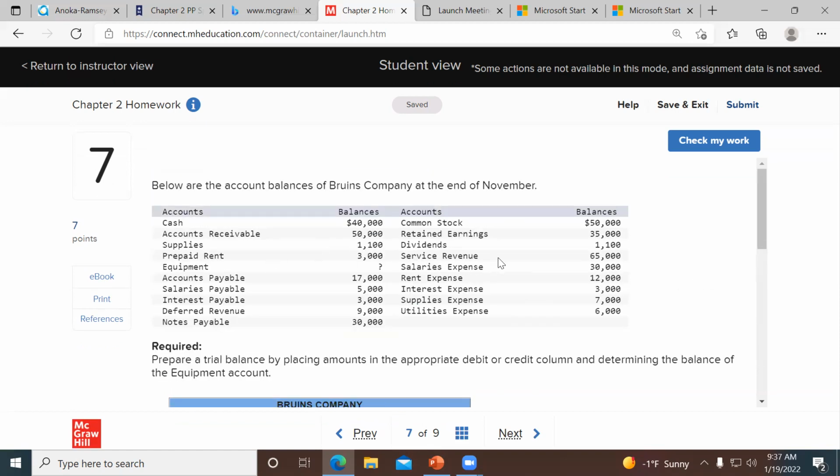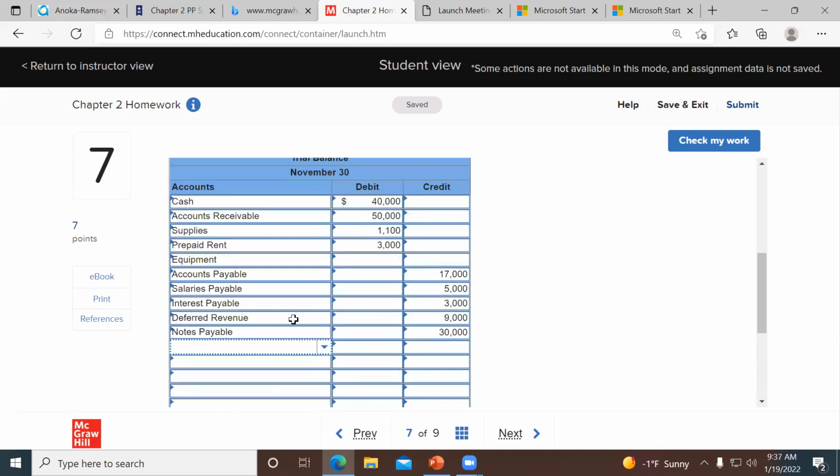Then we've got common stock and retained earnings. And what balances do they have?